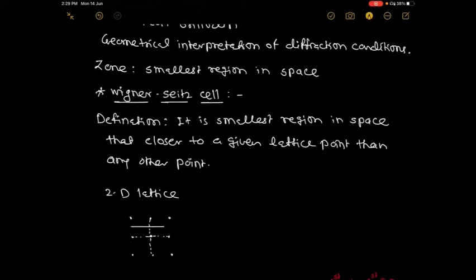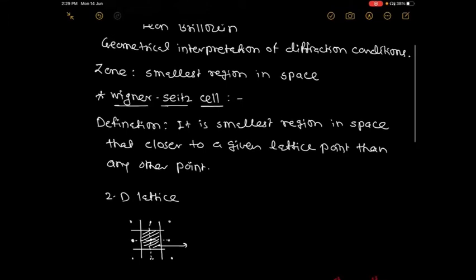Similarly, we draw the vertical one, and the innermost region bounded by these four bisectors is the smallest region.